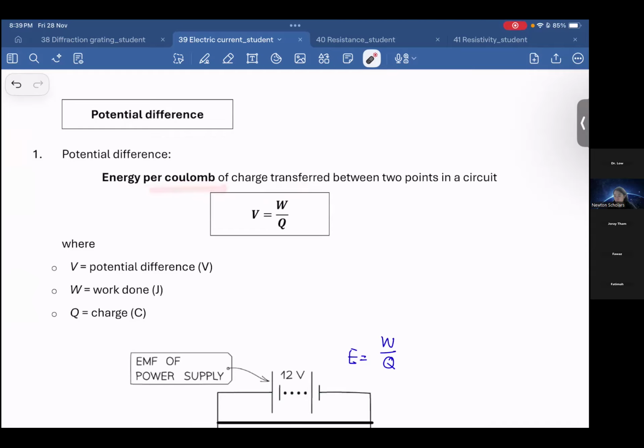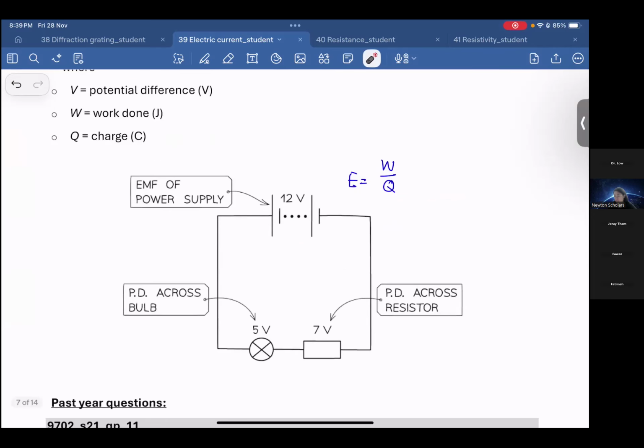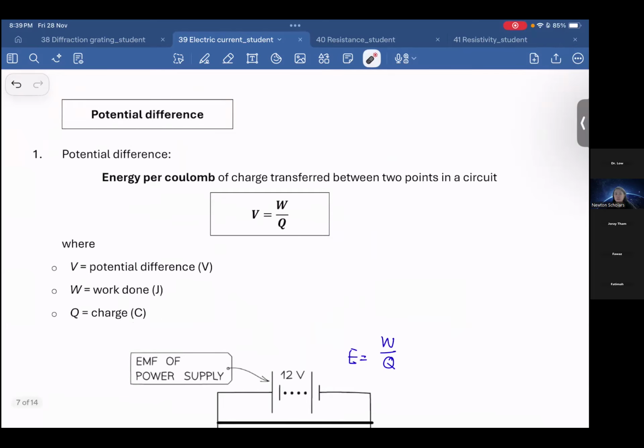Per coulomb is per one coulomb of charge. Between two points, from one point to another point. So it's actually the same definition. You can use my sentence just now or this sentence, it's fine. If you are from Form 5, it's also the same. Is it okay, Wesley?